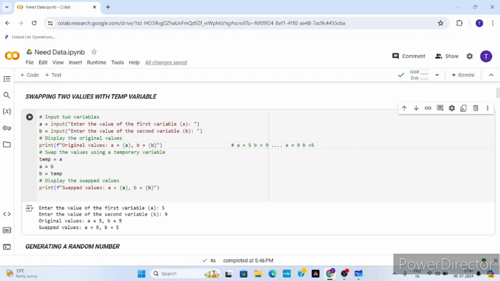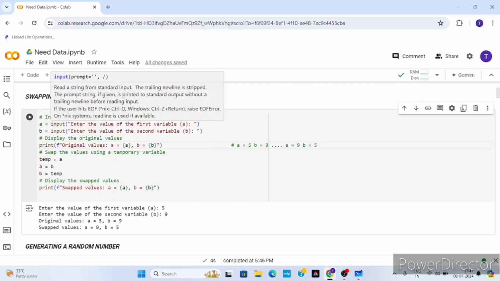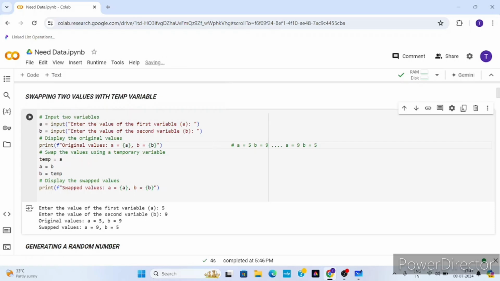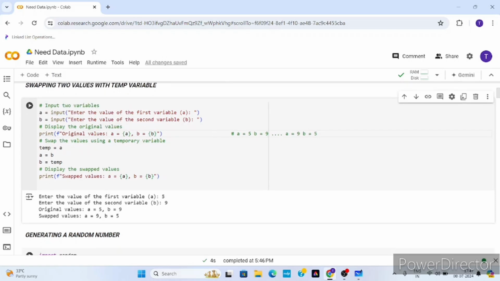So what do we want to do for this? I'm going to get these values as input. It doesn't mention any data type, so I'm just getting the variables, first variable as a and second variable as b. Now I'm just going to print the original values, a and b. I'm going to get 5 and 9, and I'm just printing the original values.